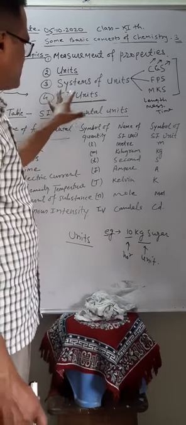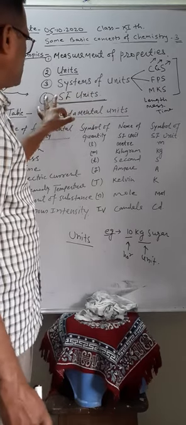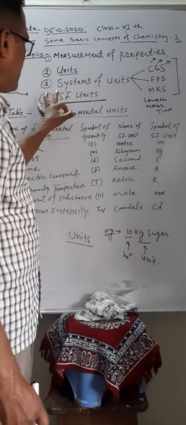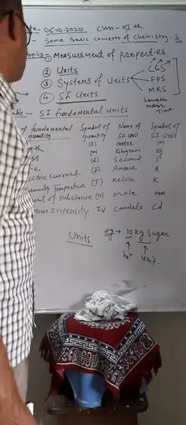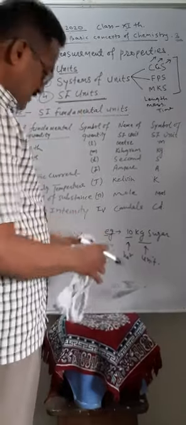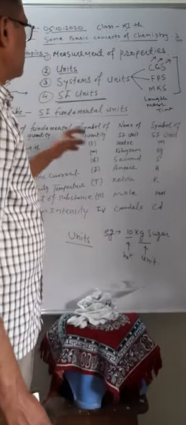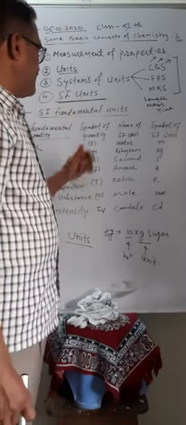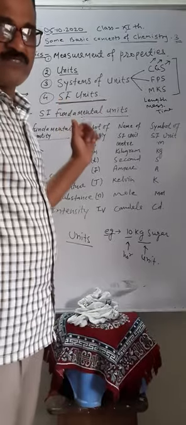Revised metric system of measurements is called the SI units. Now the SI units are derived from the 7 fundamental quantities.